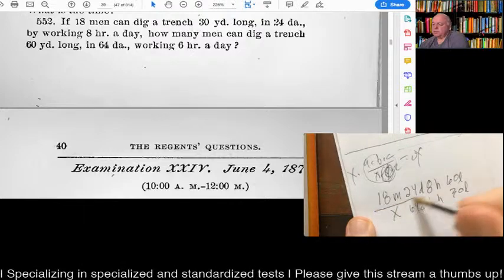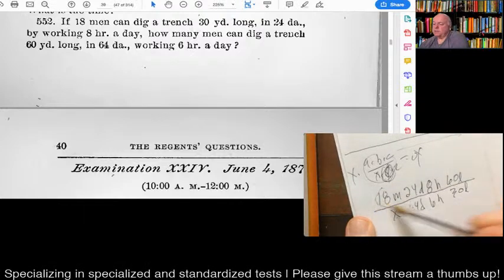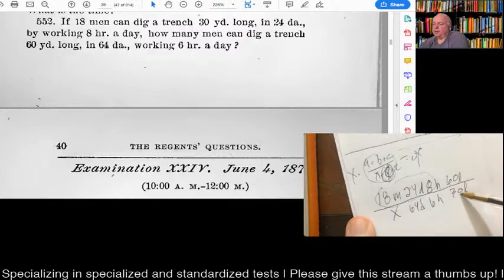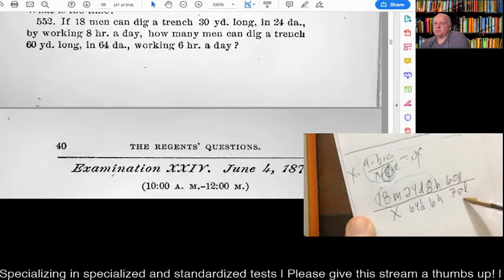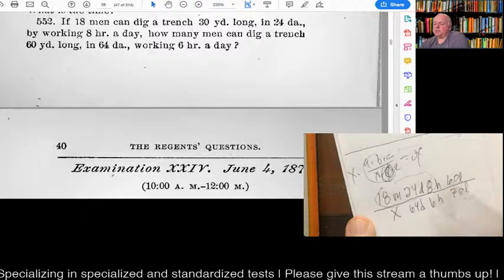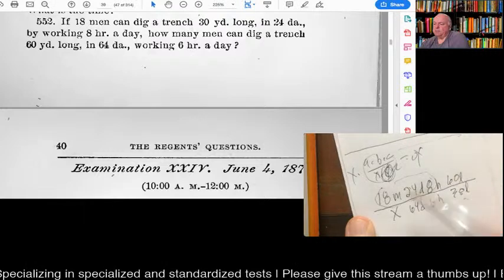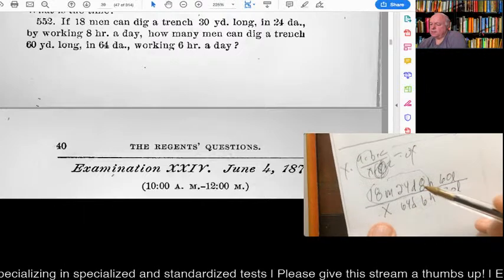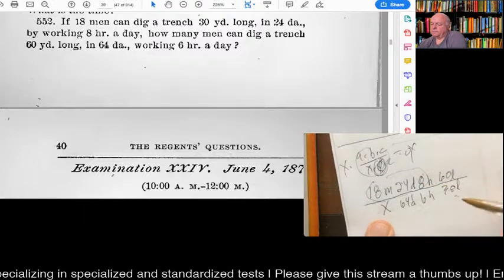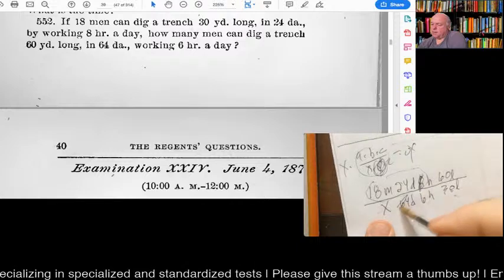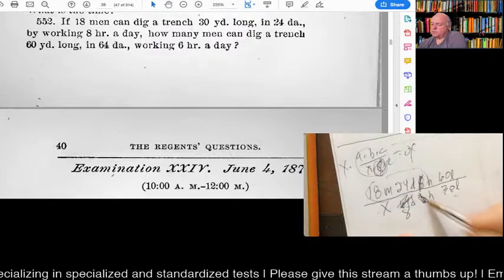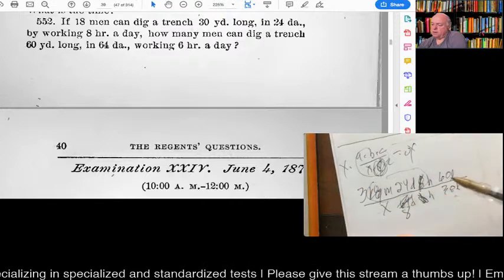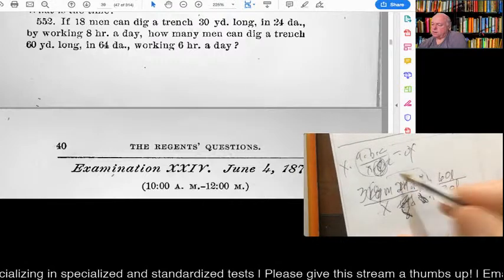So once we just set it up, this is our info for the one thing, and that's its inversely proportional result, and this is for the other one, that's its inversely proportional result. But we're going to multiply across on each, and let's see what we can cancel. So this 8 makes that 8, this 6 makes that 3, this 8 makes that 3, right?